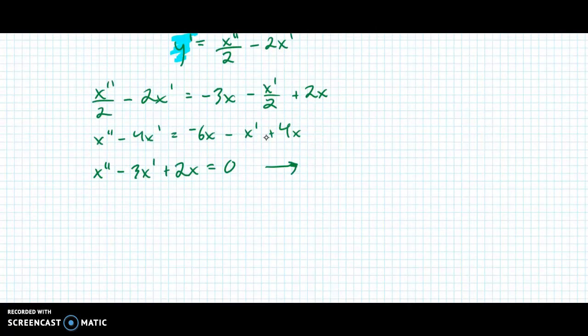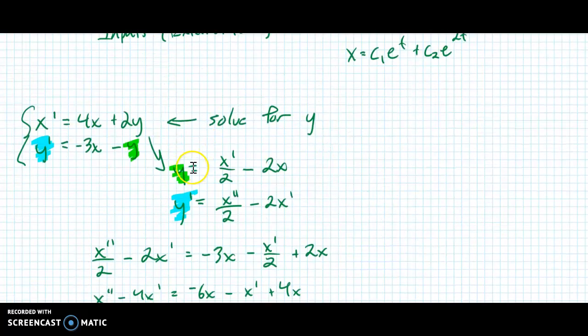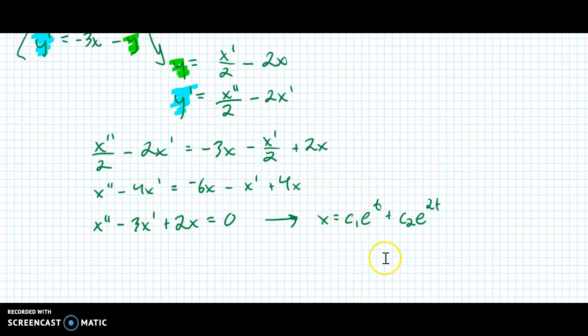You would just do your regular characteristic equation. We know that x is c1 e to the t plus c2 e to the 2t. So we solve that thing the way we'd normally solve a regular second order linear differential equation. And now what I can do is use this equation right here.